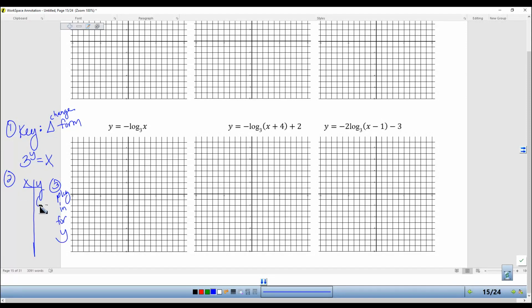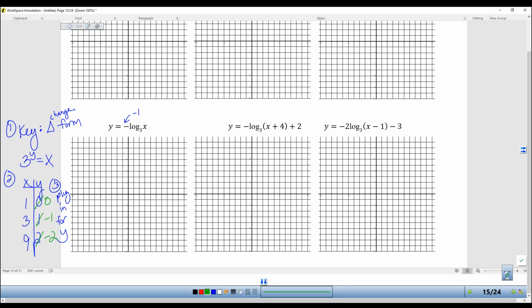So when y is 0, anything to the 0 power is 1. 1 is 3, 2 is 9. And what this negative is going to do is just think of it as a negative 1 out in front. It could have been any other number out in front. So I multiply them all by negative 1.